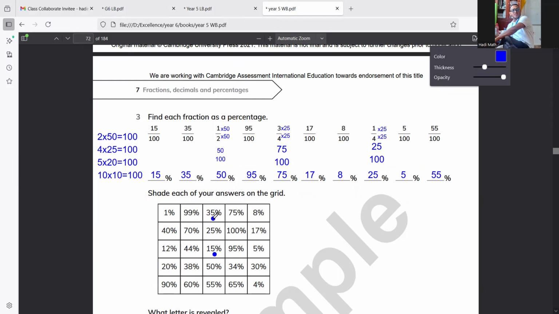Then we have 50%, where is it? 50% is over here. Then look for the 95%, it's here. Then the 75%, it's over here. Then the 17 is here. The 8 is over here. Then the 25 is here. Then the 5 is here. And then the 55 is here.